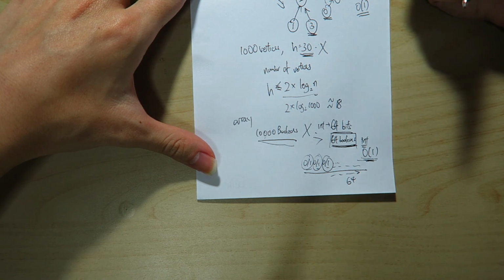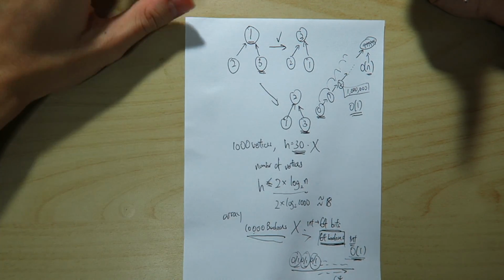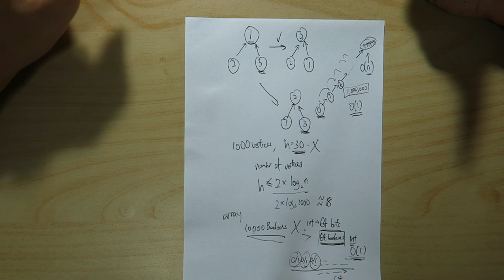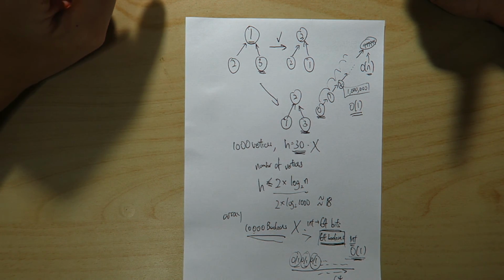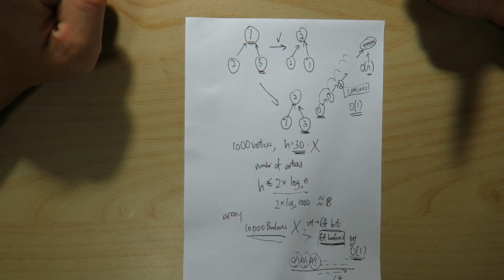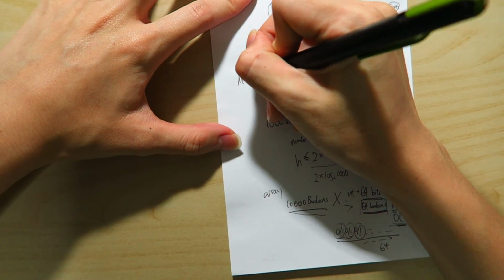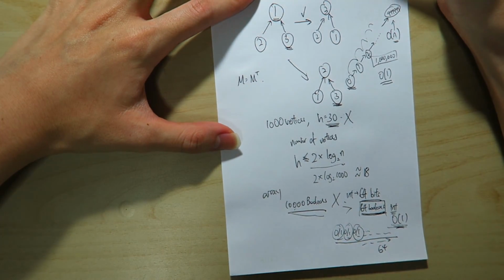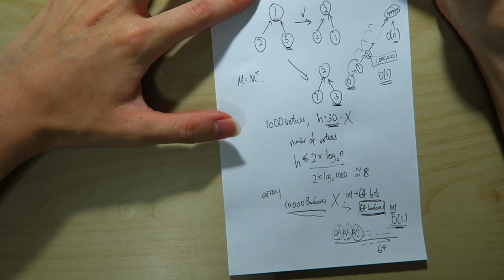And the last question, question number 5, they say an adjacency matrix representation M of a graph G is symmetrical, so M is equal to M transpose. They ask whether the graph G is an undirected graph.